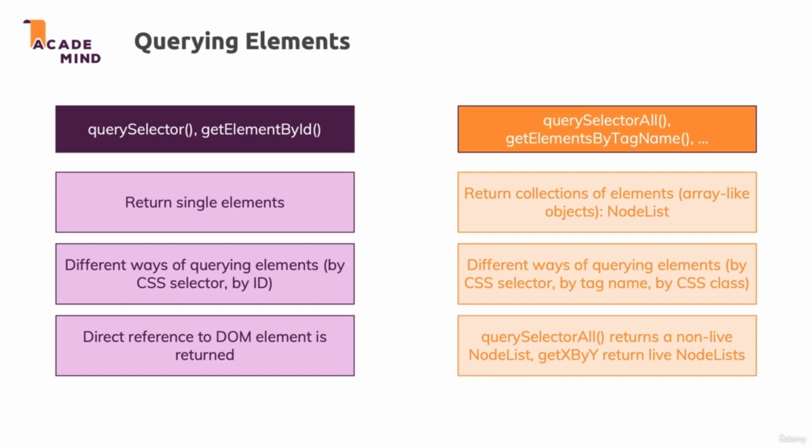It will not be reflected in the data returned by query selector all. But again, that's something we can come back to later once we learned how to add and remove elements. For now, let's ignore that.